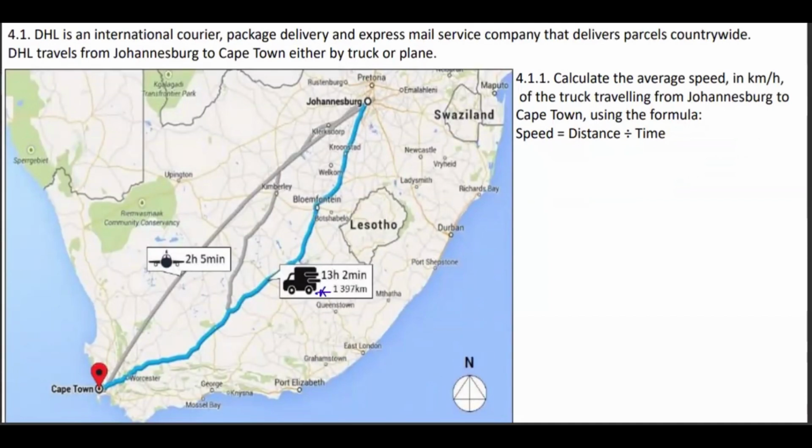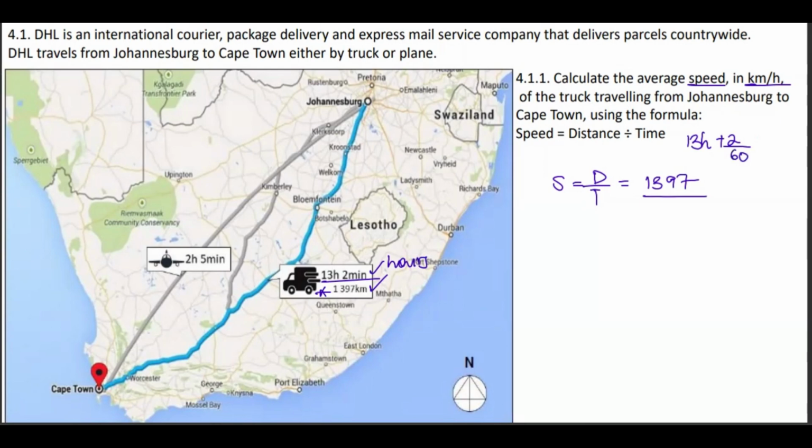Now, we are looking for speed. You know very well that speed equals distance over time. And before you substitute in the formula, ask yourself, do you have the distance? Yes, the distance is 1,397 divided by the time. The time has to be in hours because the speed is given in kilometers per hour. So we're going to take the 13 hours plus the 2 minutes divided by 60. Why do we divide by 60?